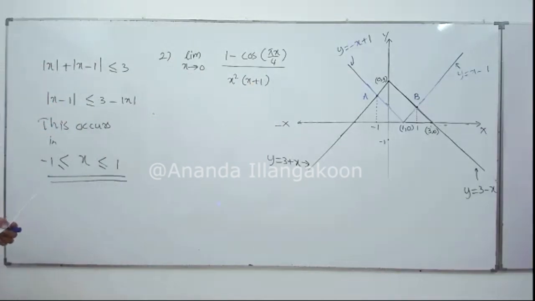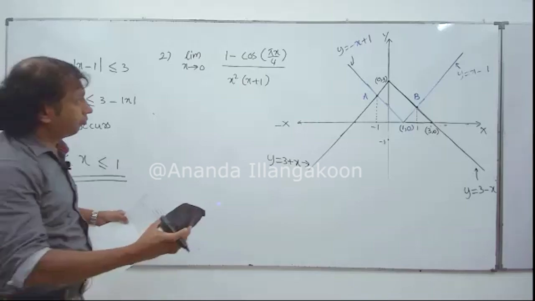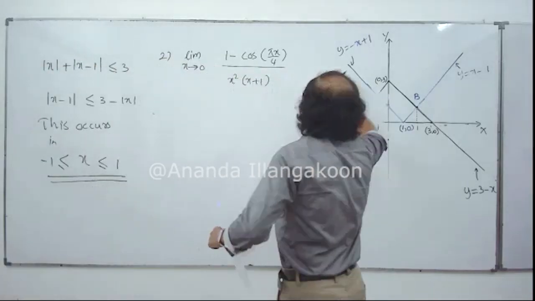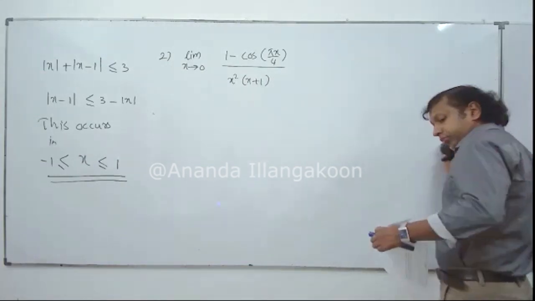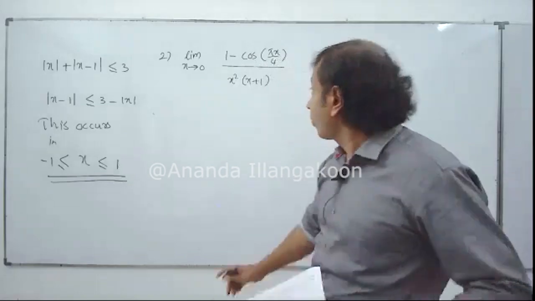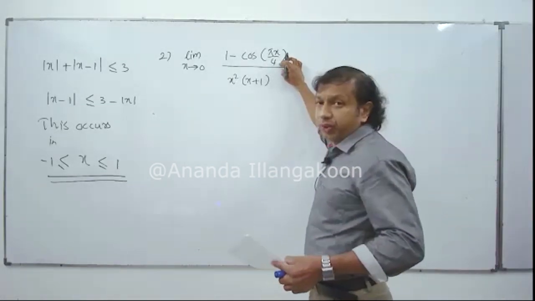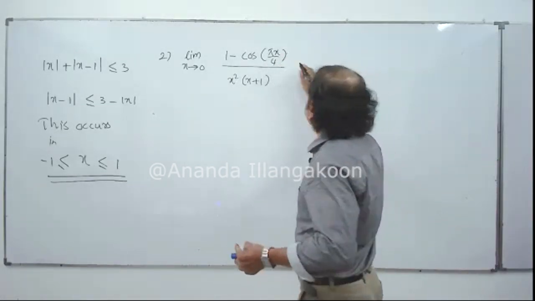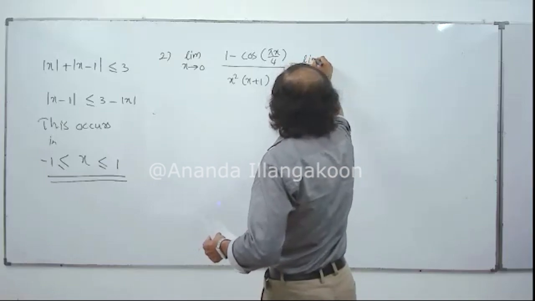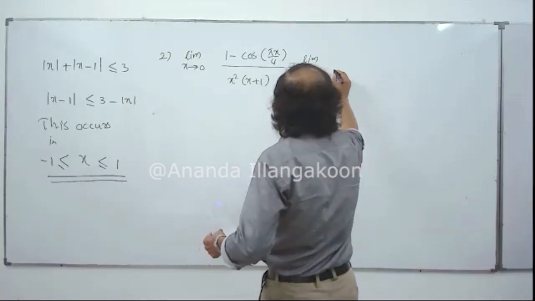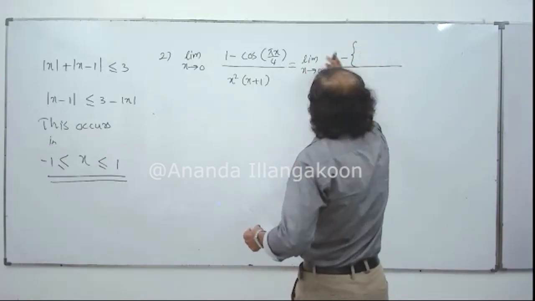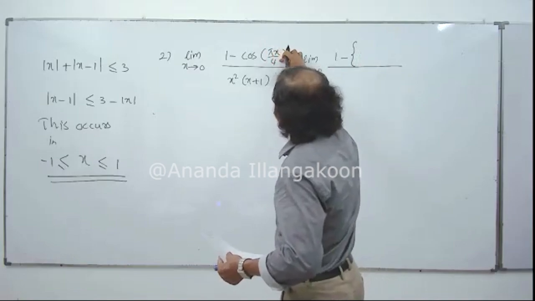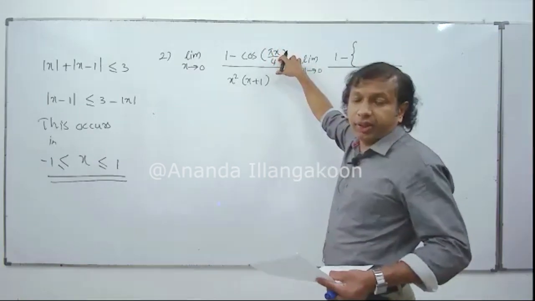Now here I can write this cos 5x by 4 using the half angle formula. Limit x going to 0, 1 minus, open a bracket. If you assume this as cos theta, for cos theta we have the half angle formula.